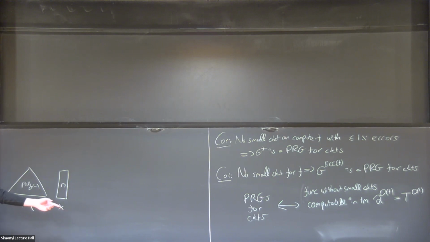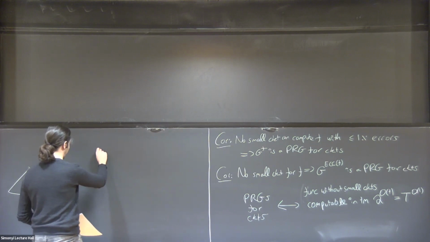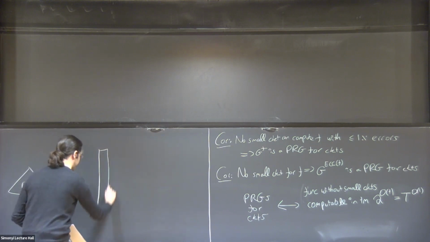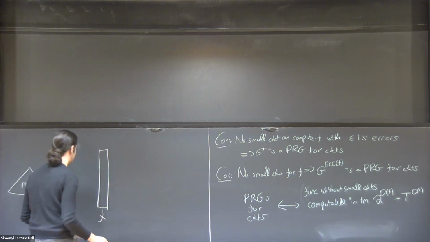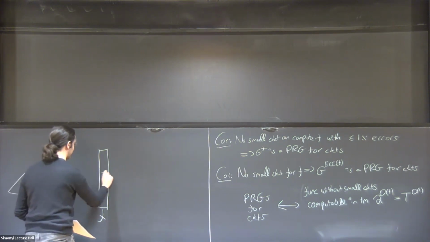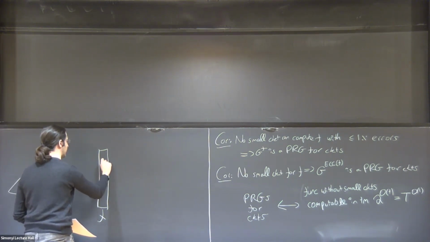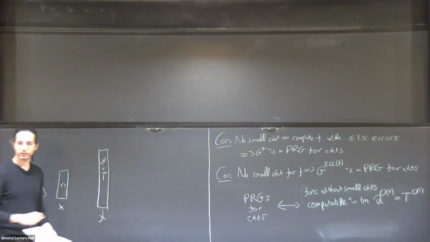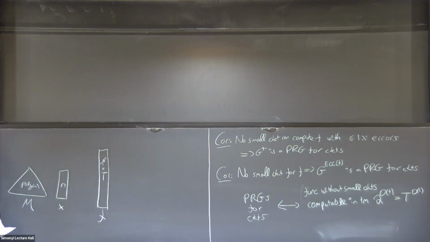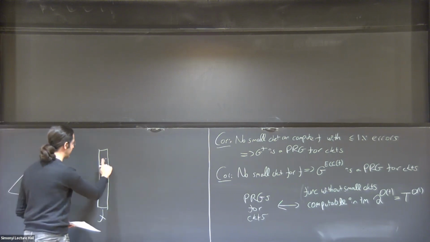So far, so good. So we write down the truth table of a hard function f. This will be of length t, which is polynomial in n. Let's make it less dramatic, okay?